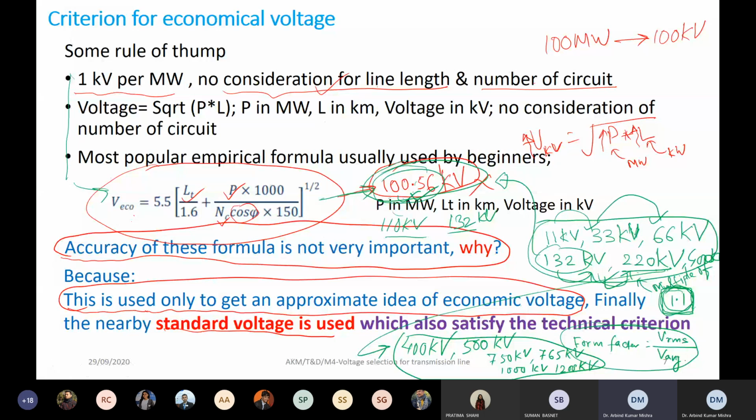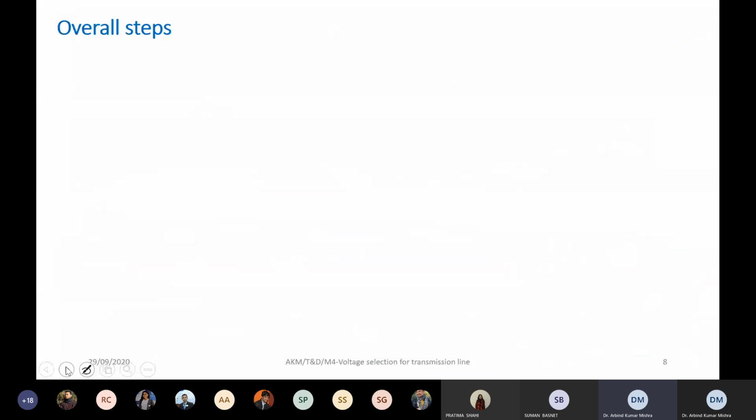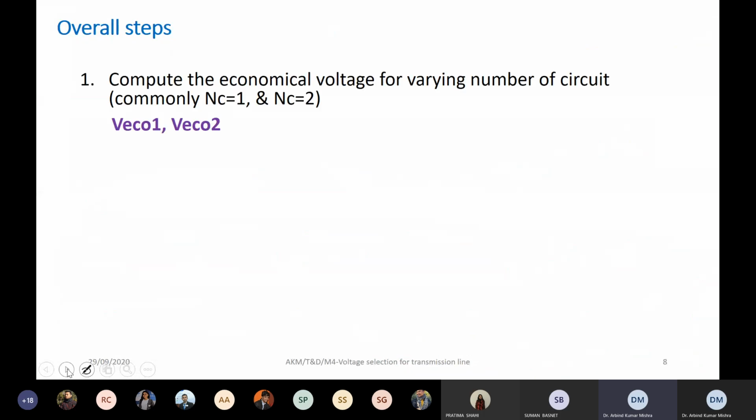And ultimately, we have to go for the standard voltage, and also we need to satisfy the technical requirement.